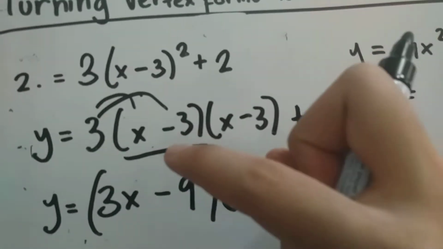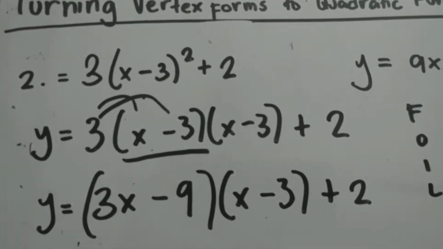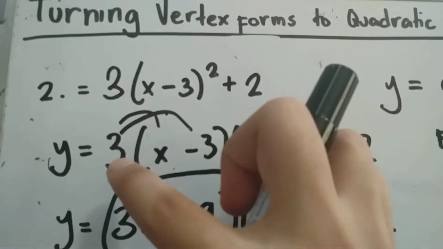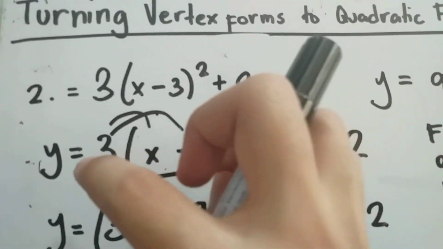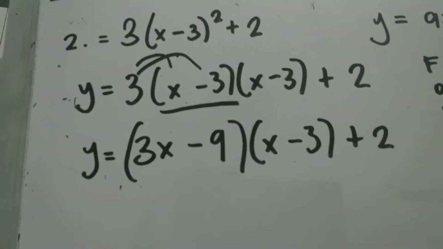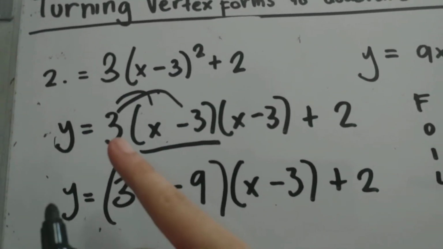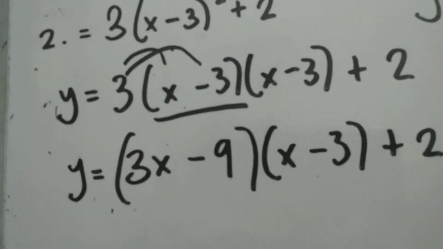But just so you get used to the rules, if there's a number beside the parentheses, you distribute it to the parentheses, unless of course you're simplifying things. But in this case, you distribute the 3 to the first parentheses.